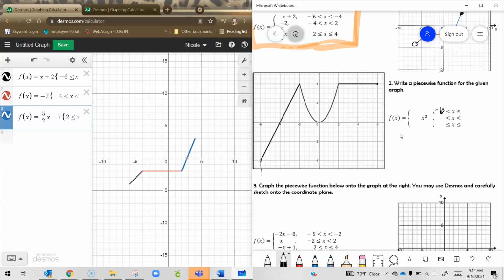Notice there's an open dot at -6, which is why that's just a less than symbol, and then all the way to -2, and so there's not an open dot here, so that means we are equal to -2. The parabola, this quadratic here, is defined between -2 and +2. And our last linear function is defined between 2 and 6.